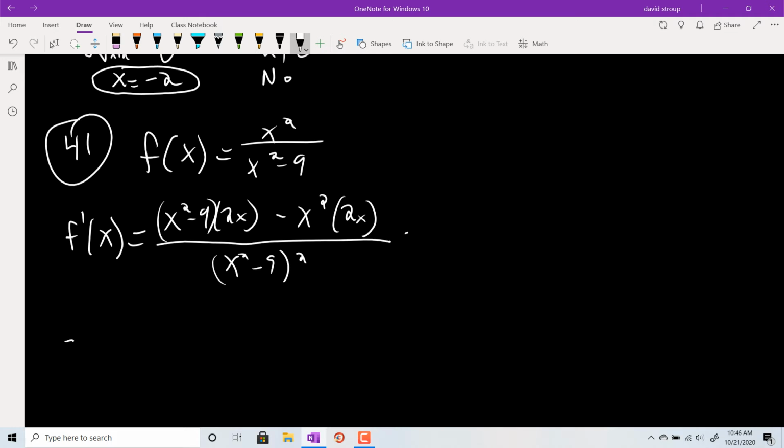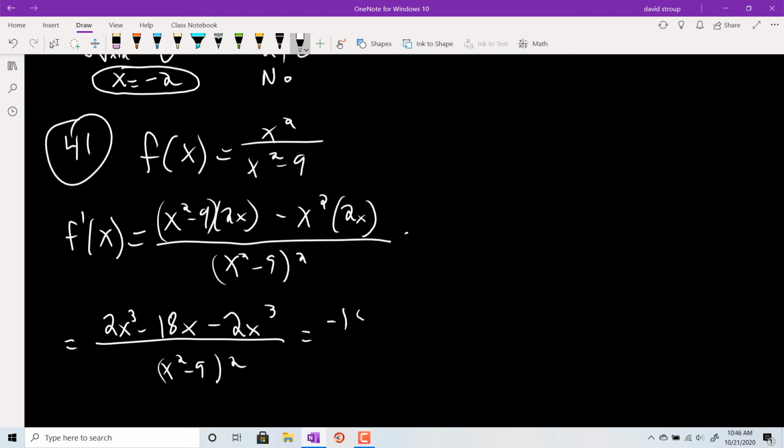Okay, let's go down here. So we have 2x cubed minus 18x minus 2x cubed again, over (x squared minus 9) squared. This will be then -18x all over (x squared minus 9) squared.